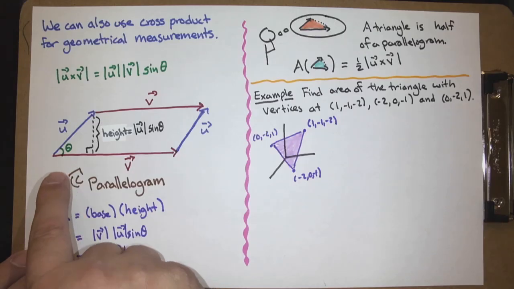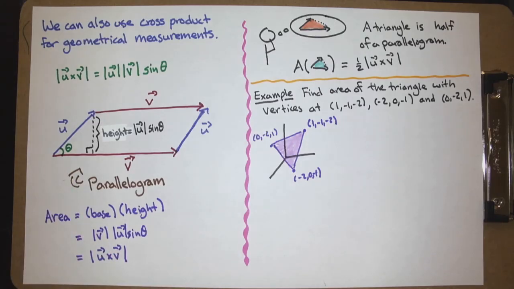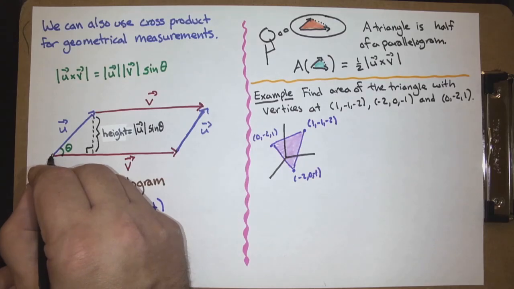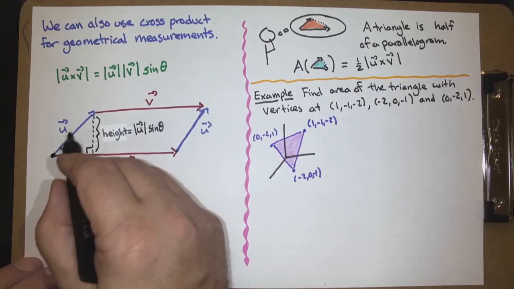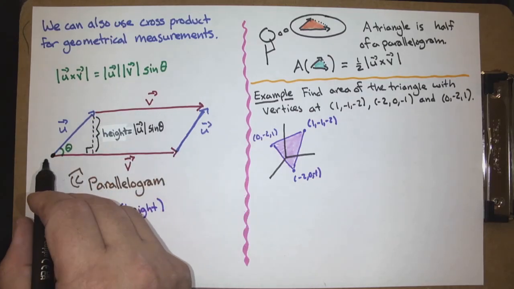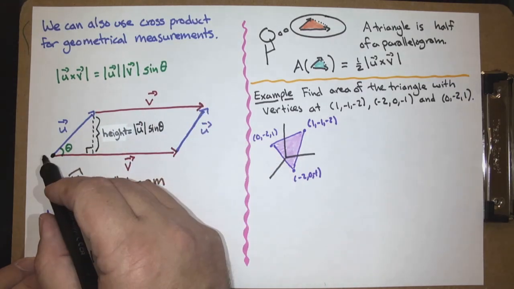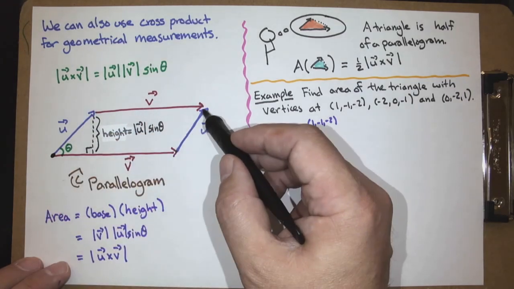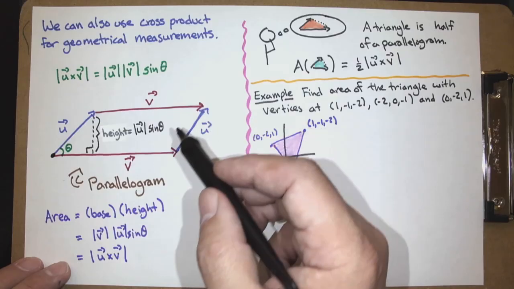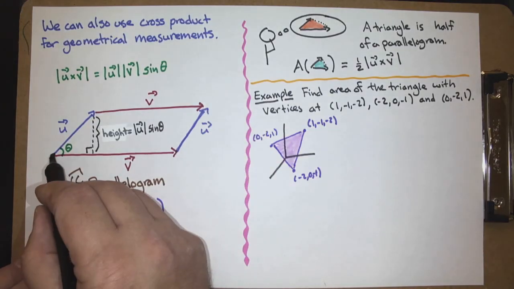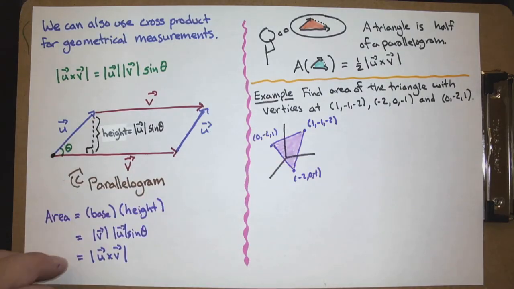You can think of a parallelogram as being formed by two vectors. So go to a corner and have two vectors coming out. The vector on the bottom side matches the one on the top. The vector on the left side matches the vector on the right. And since I'm in this corner, there's an angle between these two vectors. All right.